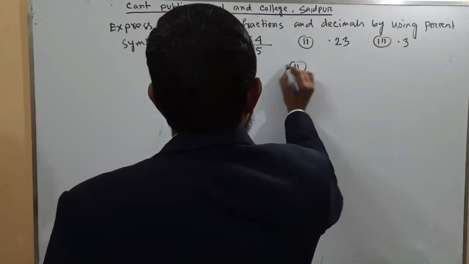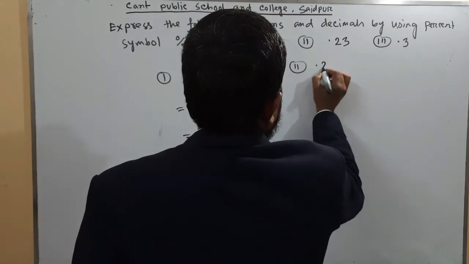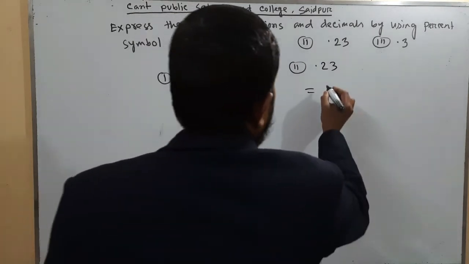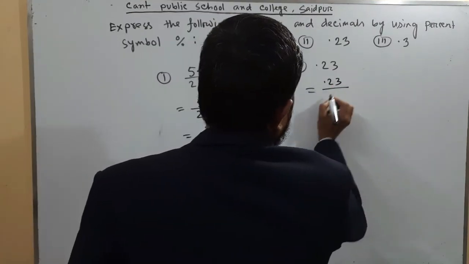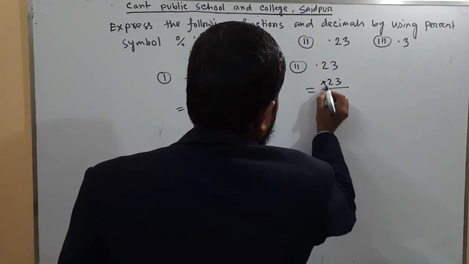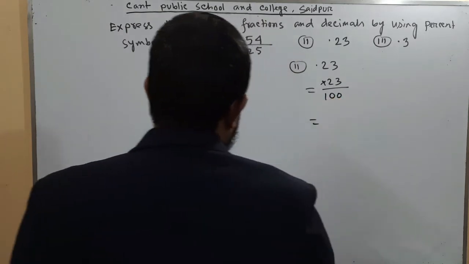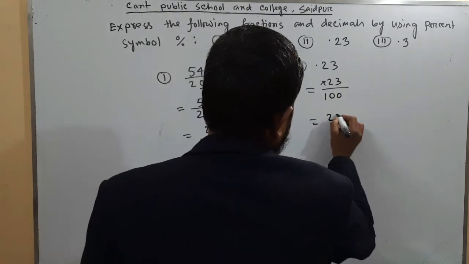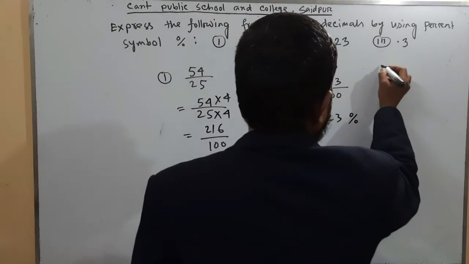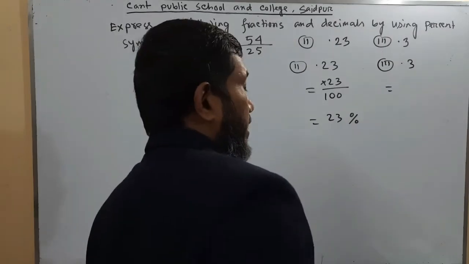For 0.23, this is a decimal fraction. If we convert this decimal fraction to a simple fraction, we know for decimal point, how many digits after it? 2 digits we get. So we can write easily 23%. Similarly for 0.3, this is a decimal fraction.